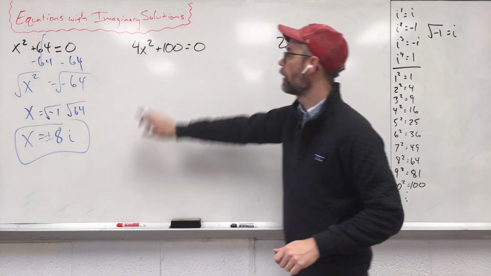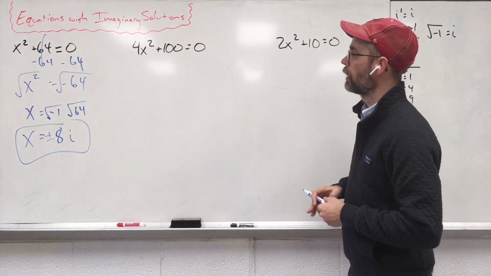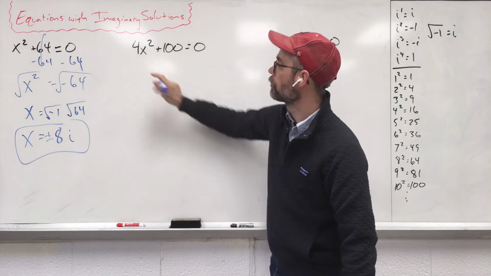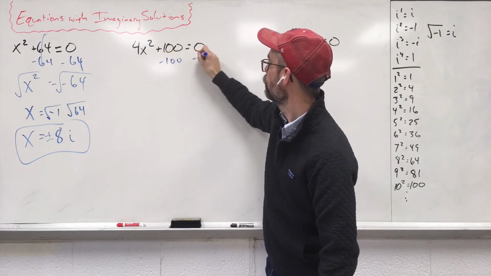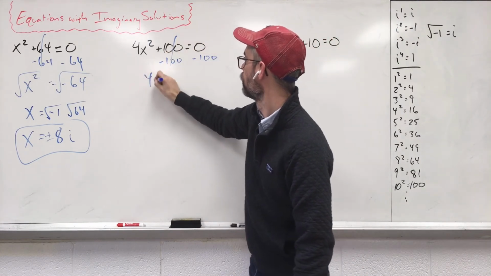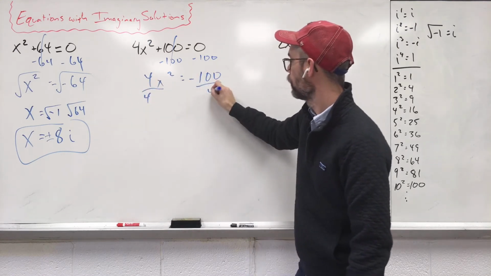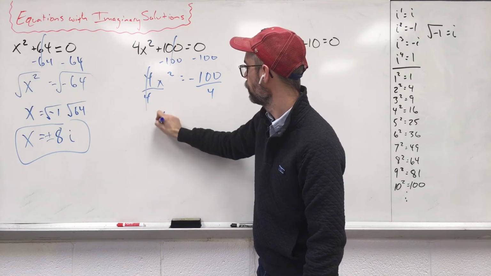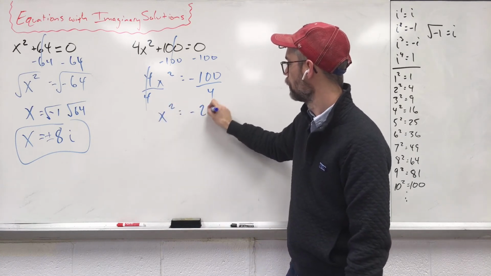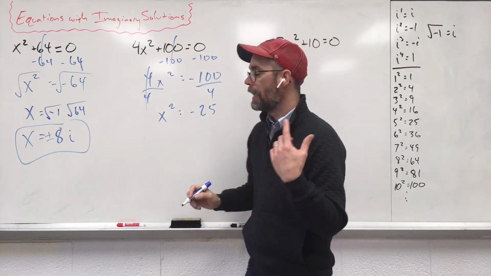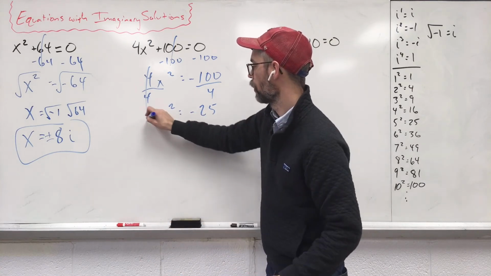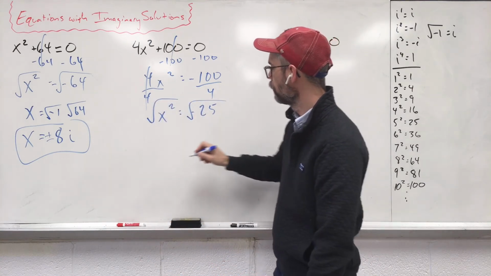Positive, negative. Okay, next. We'll go by quicker with these ones. So I want to get x squared alone. Subtract 100. Divide by 4. All this, nothing new. Inverse operation of an exponent, we're going to take a root or a radical.